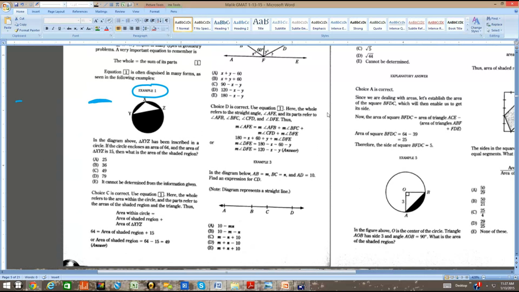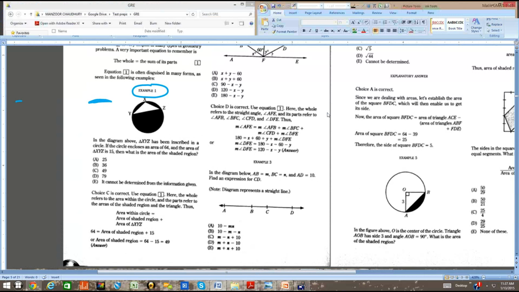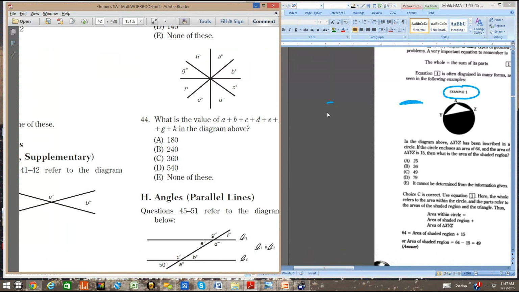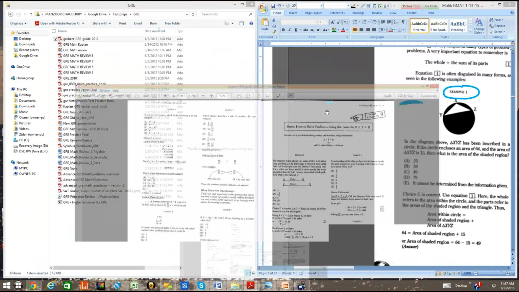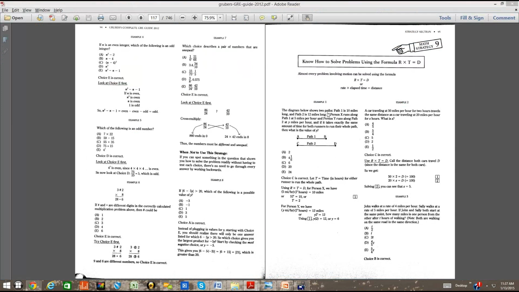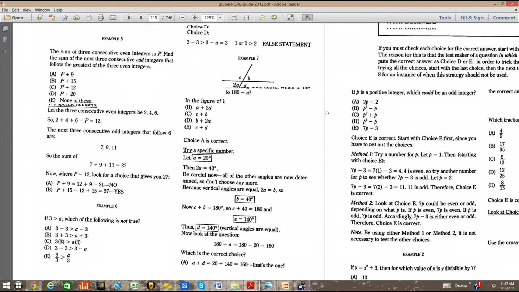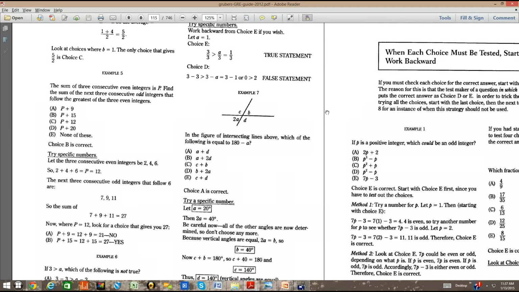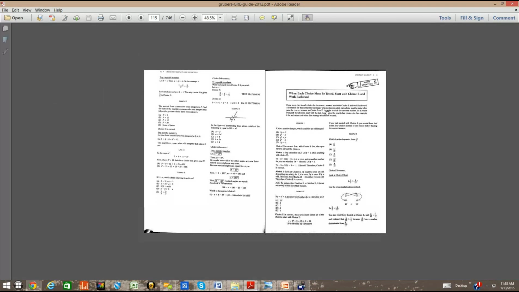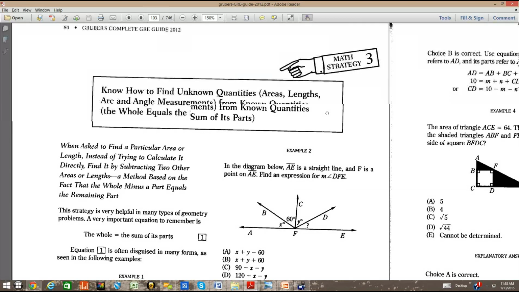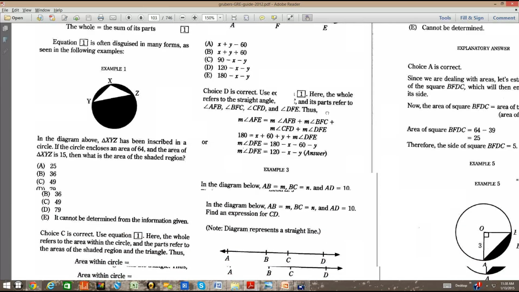Actually, I'm going to use the other book for this. Better? See example 1.